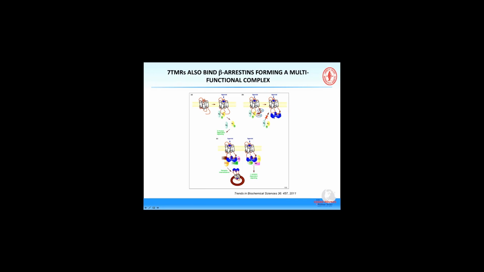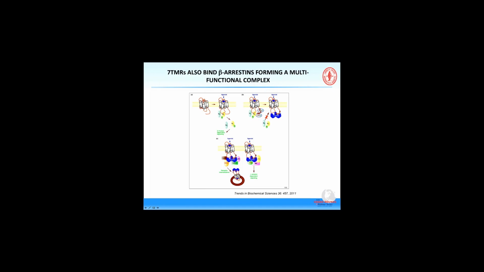But more recently, it's become clear that in addition to just preventing the binding of G proteins, the beta-arrestins are important signaling molecules in their own right. One of the consequences of the binding of arrestin to the receptors is that the receptors are targeted to clathrin-coated pits, where they are internalized into the cell.